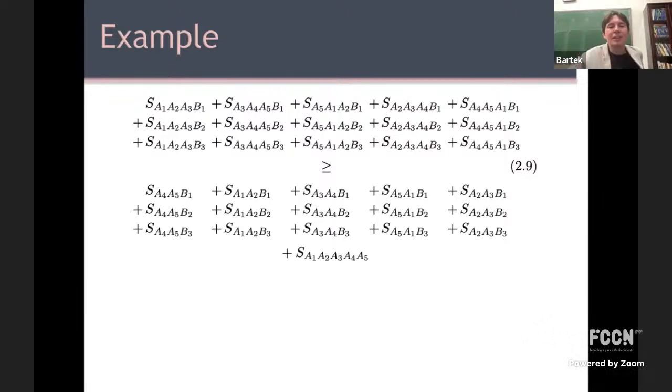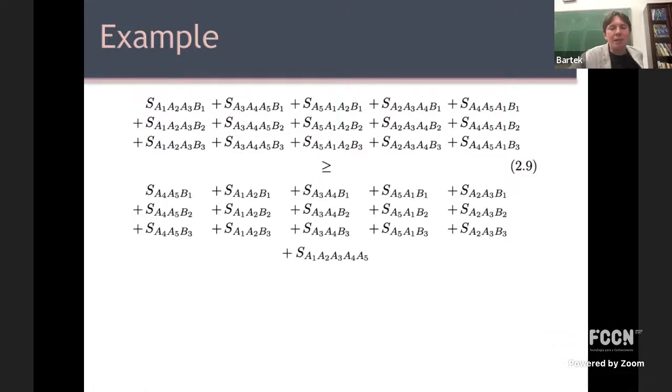For 5 regions, a consecutive majority would contain 3 regions, such as A1, A2, A3, or A3, A4, A5, or A5, A1, A2. And then on the B side, I have the largest possible minorities. What's the largest possible minority out of 3 regions? It's just 1 region. So here I have all possible combinations of 3 consecutive A's and 1 consecutive B. And on this side, I have 2 consecutive A's and 1 consecutive B.